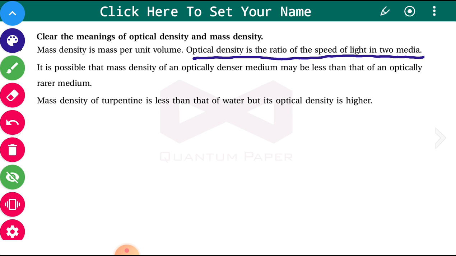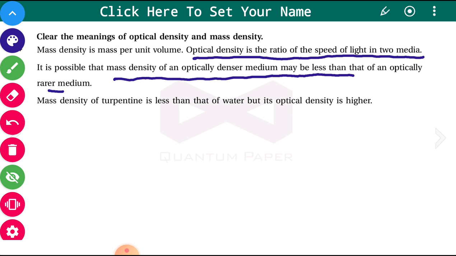It is possible that the mass density of an optically denser medium may be less, and its optical density will be more. Or we can say the mass density of an optically denser medium may be less than that of an optically rarer medium.